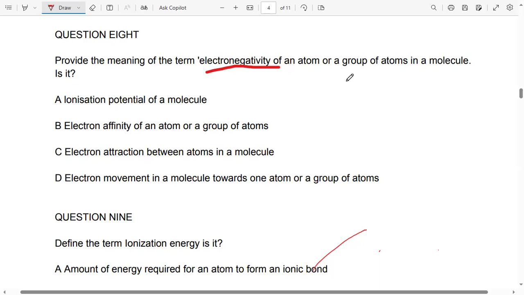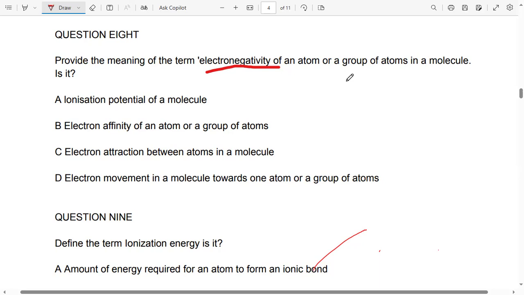That is what we call electronegativity. When you go to the periodic table, we say fluorine has the highest electronegativity. Why? Because it has a higher affinity to attract electrons. Between atoms in a molecule, you can refer to this as electronegativity.